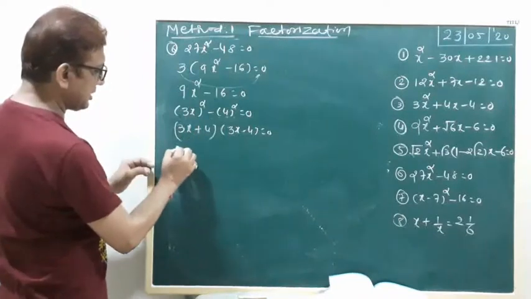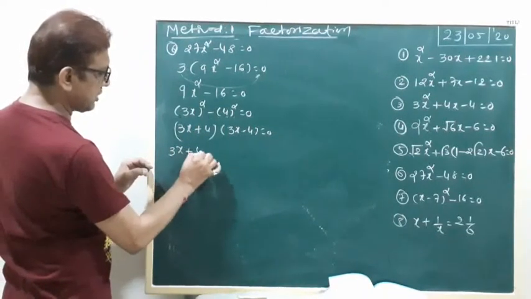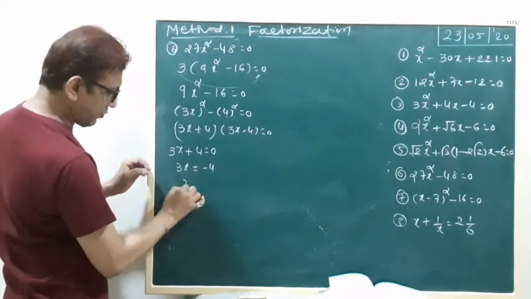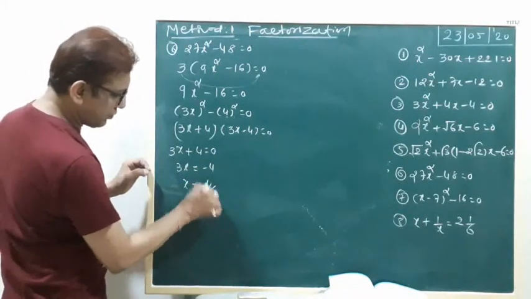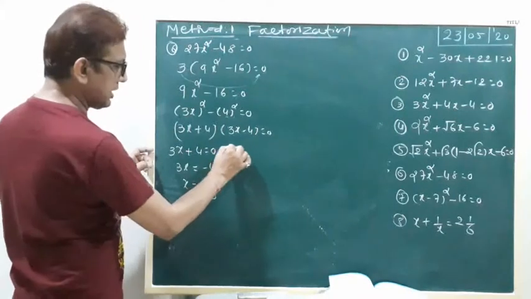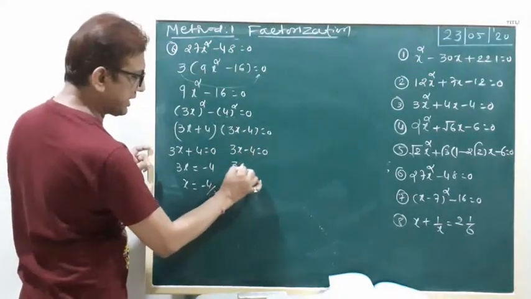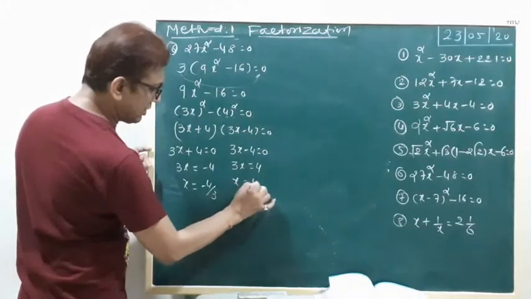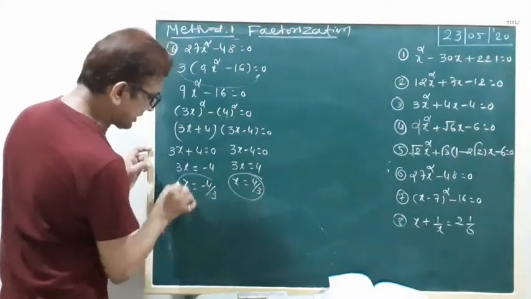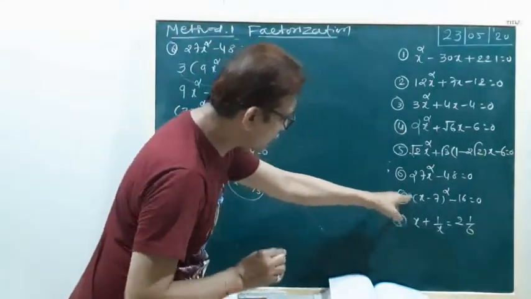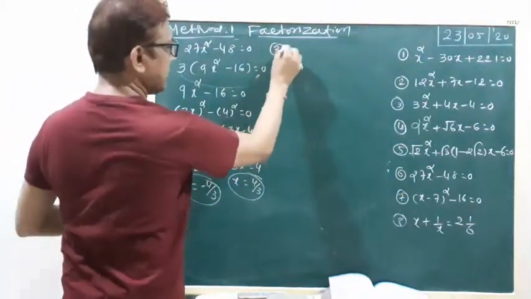Equating to 0: 3x plus 4 equal to 0, 3x equal to minus 4, x equal to minus 4 by 3. Same here, 3x minus 4 equal to 0, 4 to the right side, and x equal to 4 by 3. Is that clear?